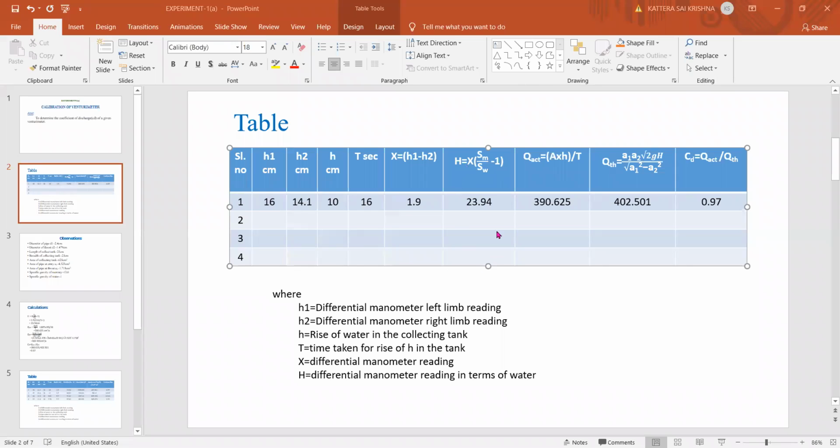If you are finished with copying the table, please inform me. I'll go to the next slide. Can I go to the next slide?